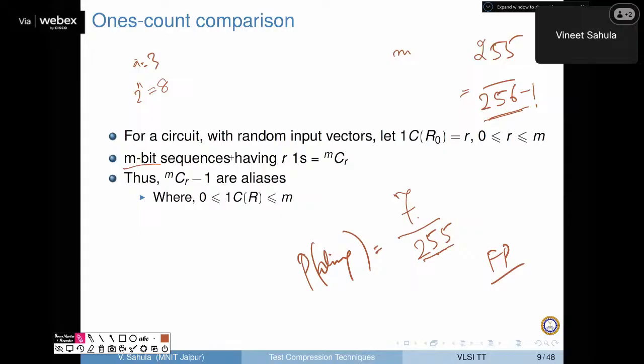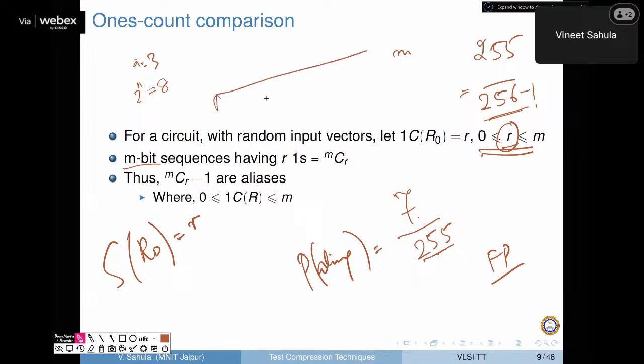So if you look at the kind of signatures having r number of bits, which is the correct compressed number. I am taking the compressed number here as ones count, but I say compressed number SR0. SR0 is small r, r number of ones in the correct signature out of m bits.